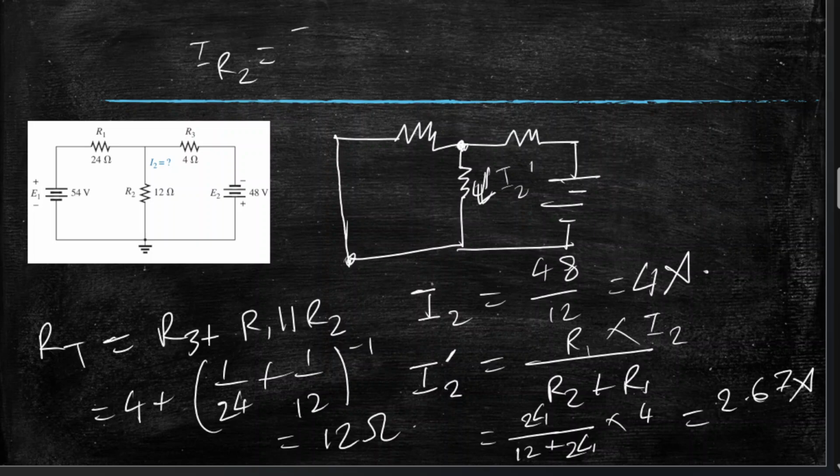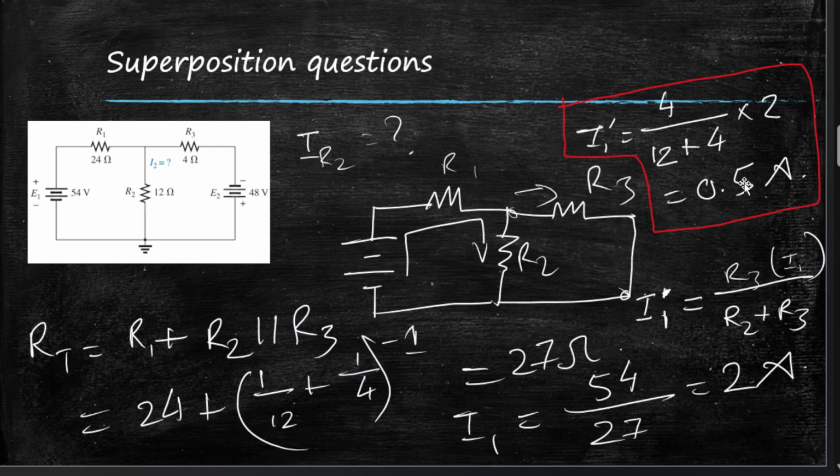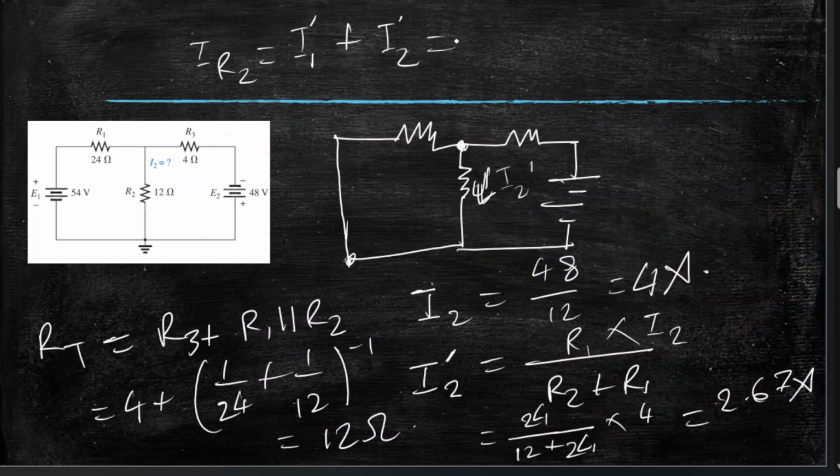Okay. Now to find the total current flowing through R2, IR2 is equal to I1 prime plus I2 prime. That's the superposition theorem. So what was I1 prime? We highlighted in red. So 0.5 amperes plus I2 prime. Now before we place the value of I2 prime, we have to remember to note the direction of the currents from the two sources.